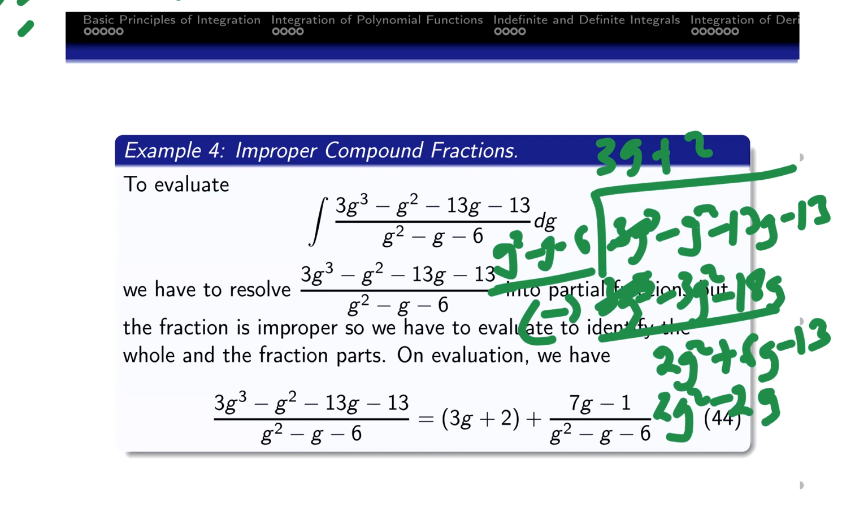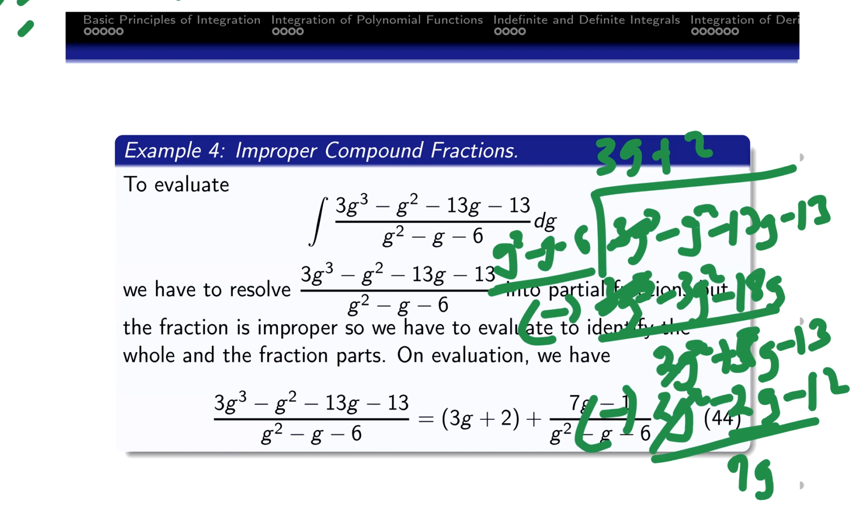Okay, minus 13g minus minus 18g, that's 6g, actually, sorry, this is 5g. 2 times minus g is minus 2g. 2 times minus 6 is minus 12. So you now subtract. So 2g squared cancels 2g squared. Then you have 5g plus 2g. That is 7g. Then minus 13 minus minus 12, that's minus 13 plus 12, that's minus 1.